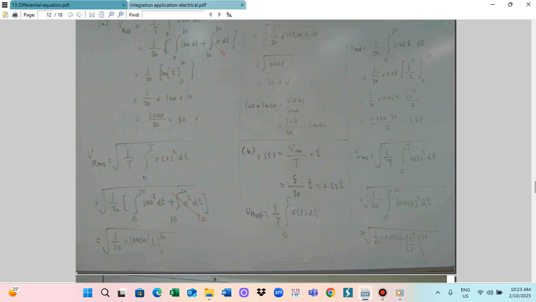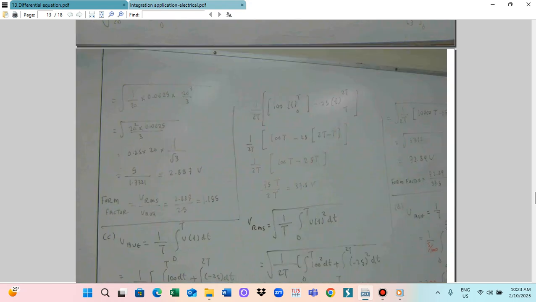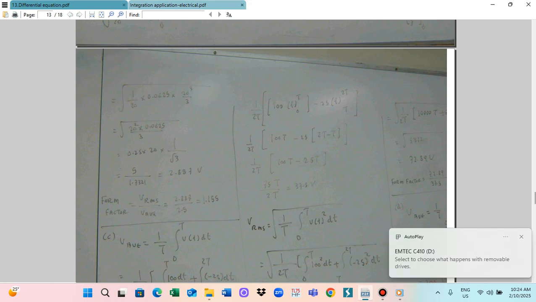So this becomes 1 by 20 multiplied by 0.0625 times 20 power 3 by 3, which works out to 0.25 multiplied by 20 divided by the square root of 3.